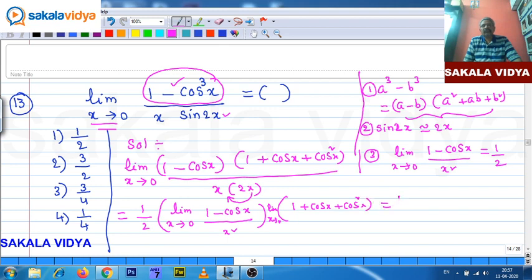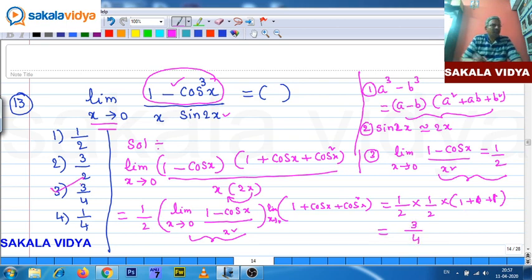This equals half into, so using this concept, this value will be 1 by 2, into 1 plus cos 0 is 1, cos square 0 is also 1. So, this will be 3 by 4. So, third option, option 3. Am I correct?